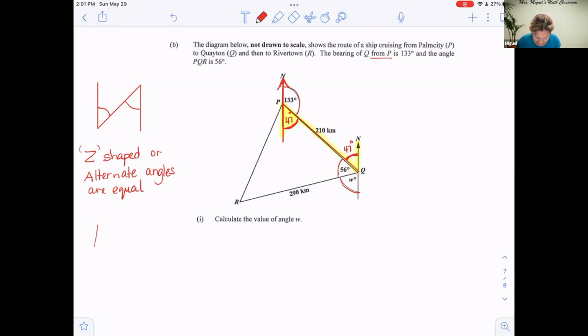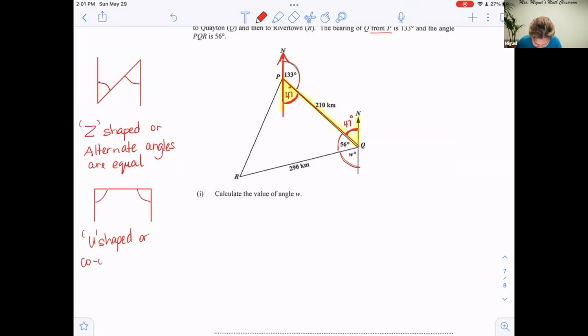Then we have U-shaped. So let's write that as well. U-shaped or co-interior angles are equal.